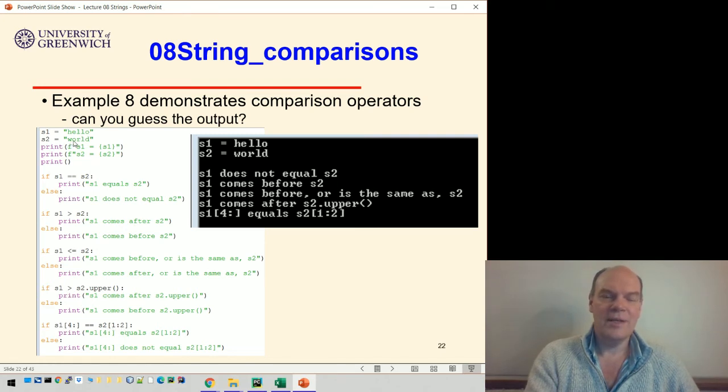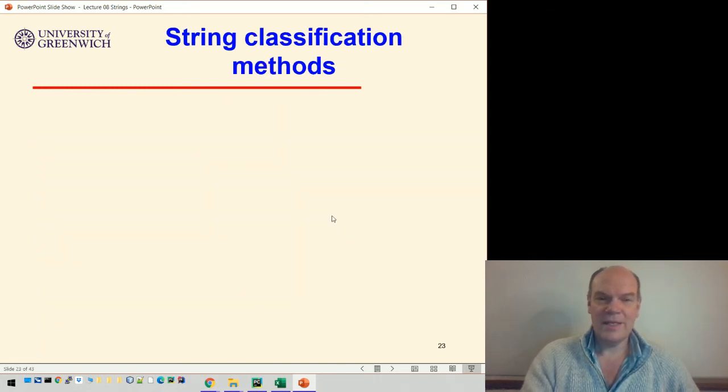So that starts at 1 and it goes up to 2, but not including 2. So it's also just o. So in fact, those two things are equal, because S1 with the slice from 4 onwards, and S2 with the slice from 1 to 2 are both just the string with the letter o in them. Okay, so that's useful for finding things and comparing things, sorting them alphabetically.